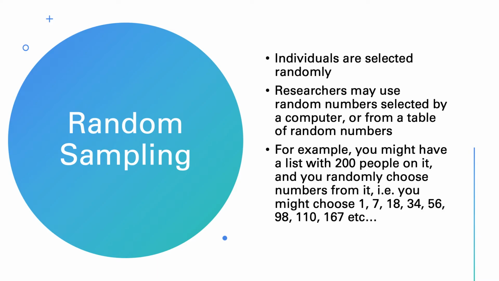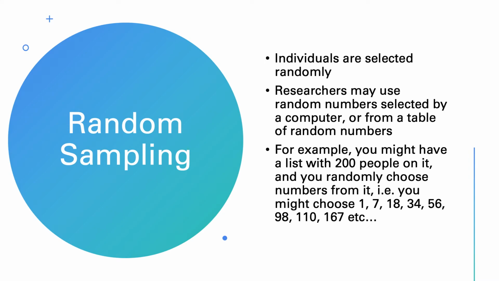Researchers might use a random number selected by a computer, or they might use numbers from a table. Let me give you an example. Suppose you had a list of 200 people, so your sample population consists of 200 people. You can't interview or see every single one of those 200 people, so you just randomly choose numbers from it.